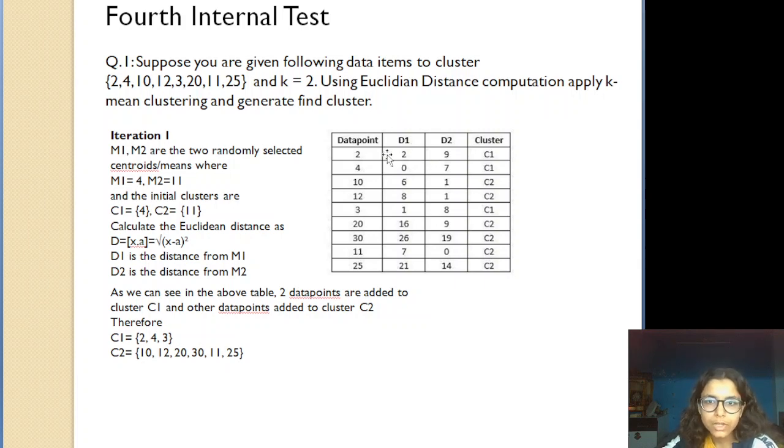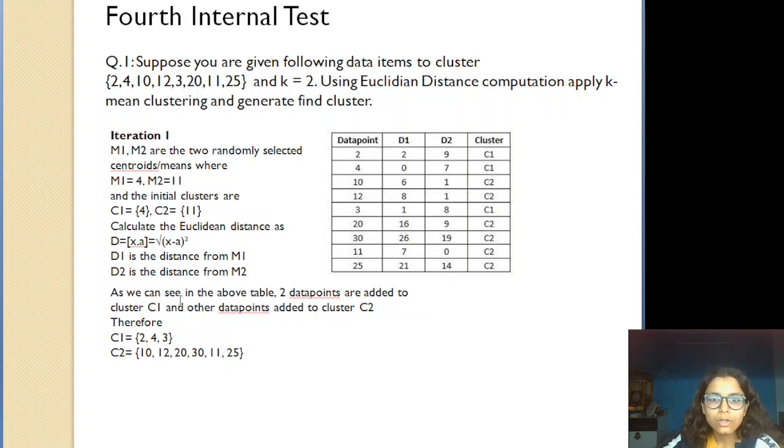It is 2, the value of D1, because it's the lesser one. So the cluster is C1 because the point is closer to M1. If we compare both, 2 is the least, and so the cluster is C1.